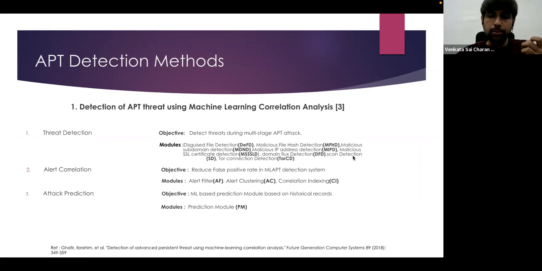And the scan detection module will try to identify the failed connection establishment requests in the network. And the TOR connection detection module will try to identify if there is any active TOR connection in the network or not. We will see more about these two modules in the architecture phase.